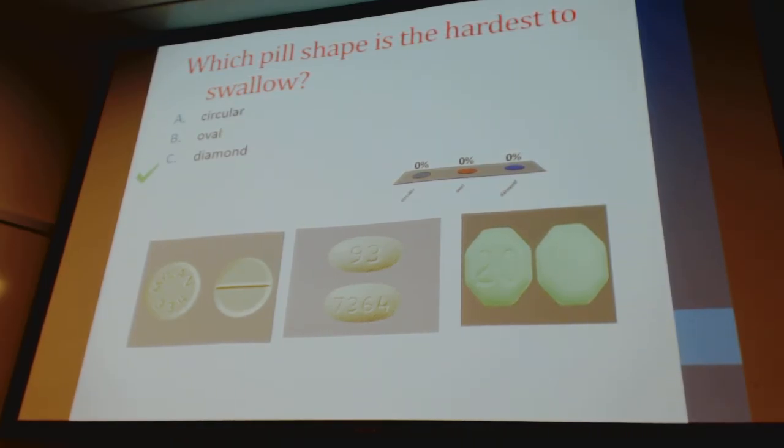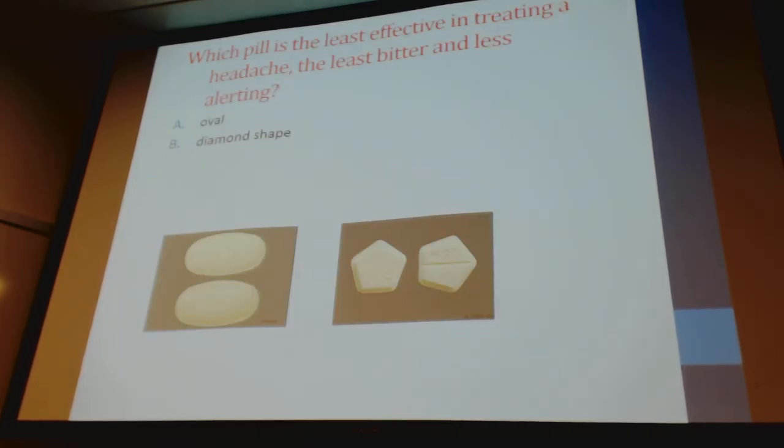The diamond. Now these pills are small, but still it's got that shape. Which pill is least effective in treating a headache, is the least bitter, and the least alerting means serious. It's the oval.